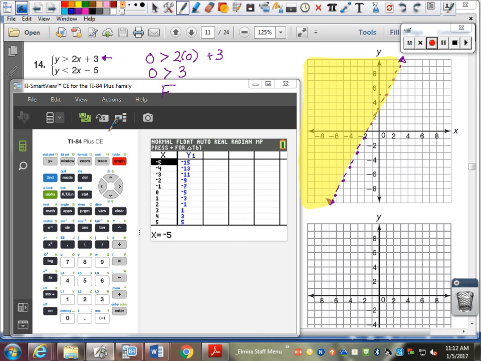Okay. (-2, -9), (-1...). Again, this is a dashed line because there's no equal bar.